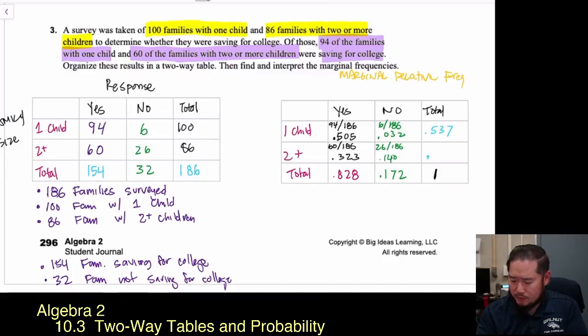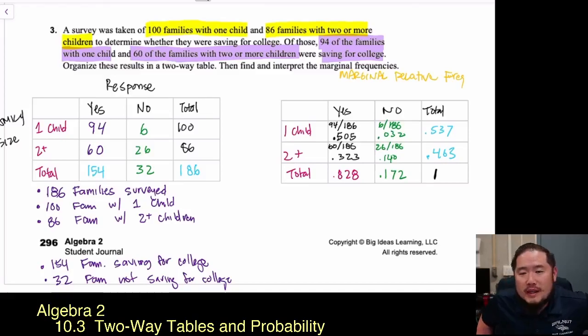Then when we add 0.323 plus 0.140, we have 0.463. If you look at the totals in the rows and in the column, they add up to 1. Sometimes, depending on the rounding, it may not equal 1 exactly, but it should get very, very close to it.